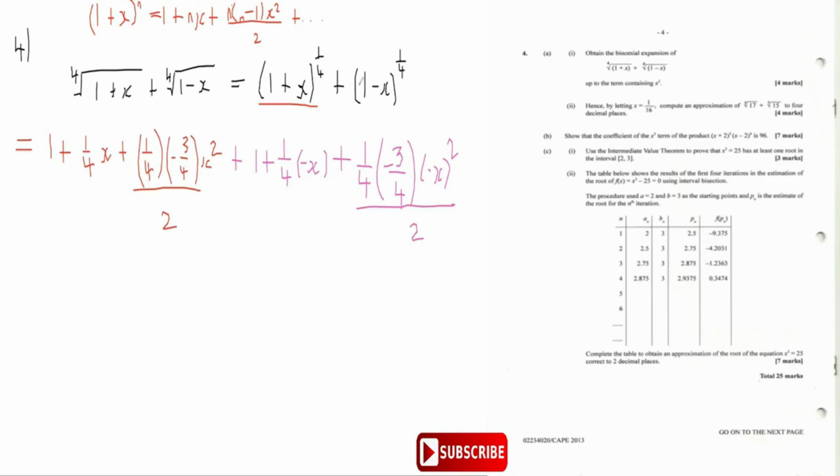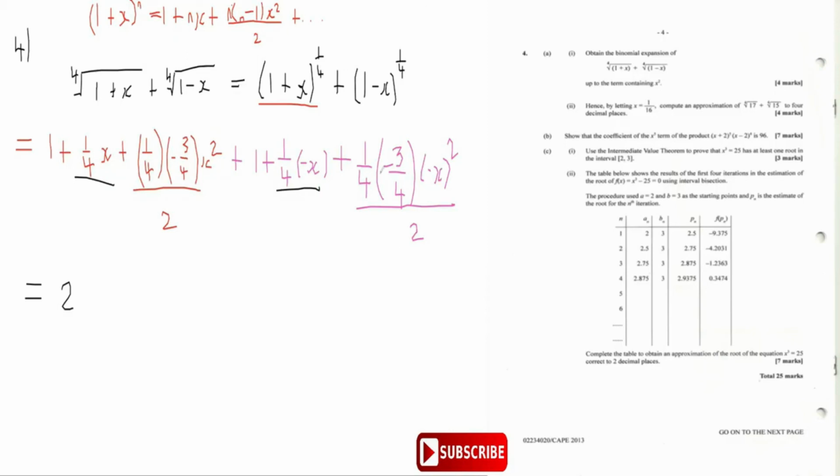Okay, nice. Let's work this out. 1 plus 1 is 2. A quarter x plus minus a quarter x cancel. Then what does this simplify to? A quarter times minus 3 over 4, divided by 2, is minus 3 over 32.